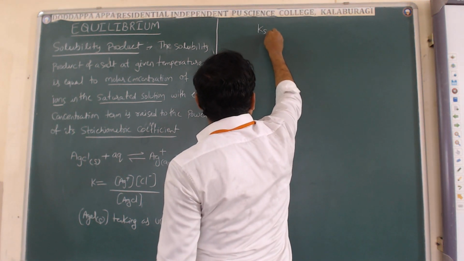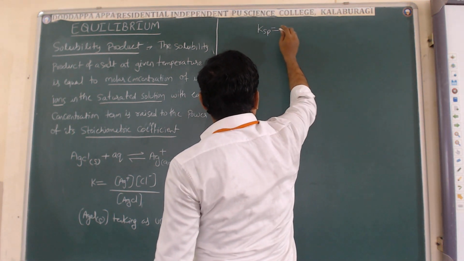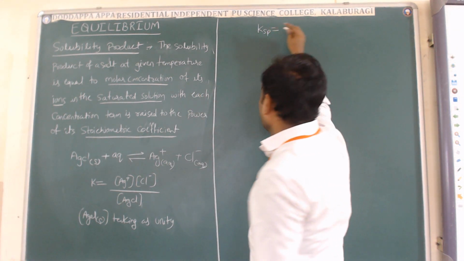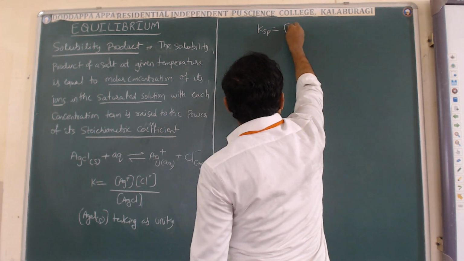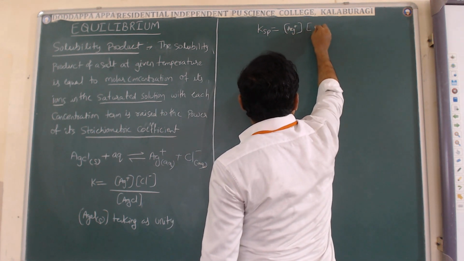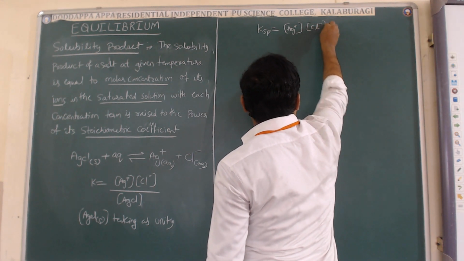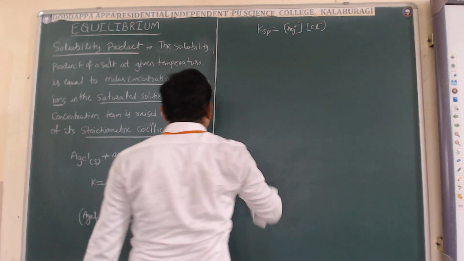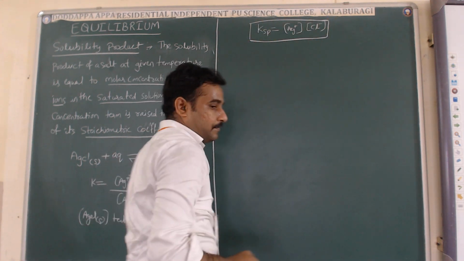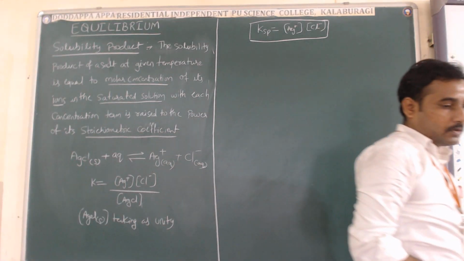Ksp is equal to, Ksp meaning solubility product, Ag+ times Cl-. So this is what we call the solubility product of AgCl.